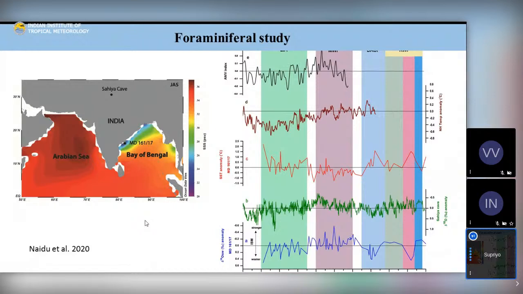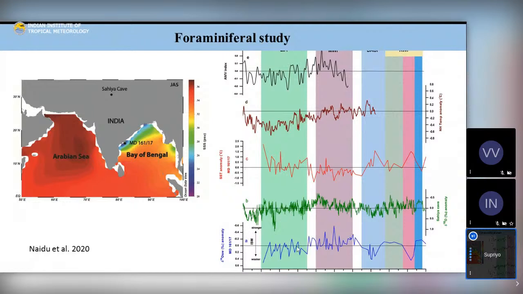During periods of very heavy rainfall, the isotopic composition of surface water will be depleted, and this signature will then be captured by the foraminiferal species. During low rainfall conditions, it will be relatively enriched. So we can get an idea about when rainfall was high and when rainfall was low based on the analysis of these planktic foraminifera.